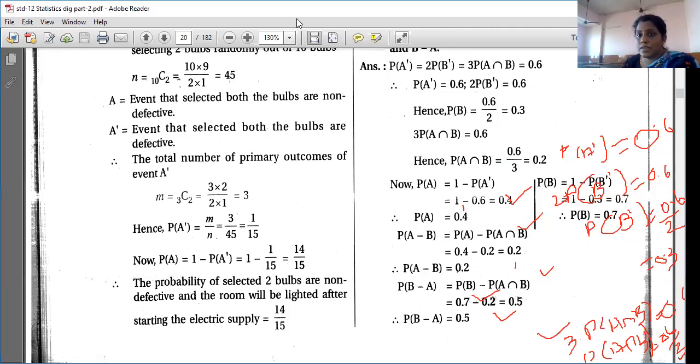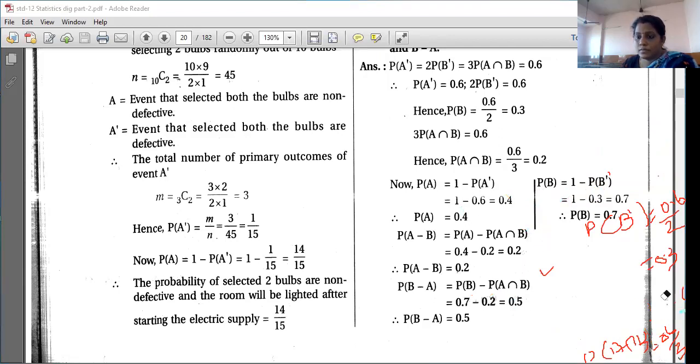Okay. So let's see that. All of you take out your exercise 1.3.